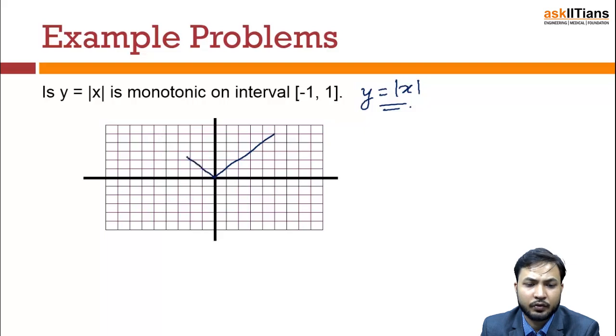I draw it over here also, it will go like this to infinity. This is my 0, and correspondingly this is my plus y, this is my minus y, plus x and minus x.